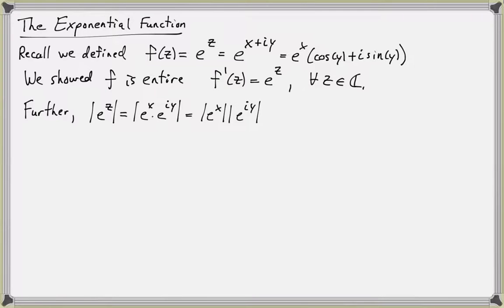But e to the iy is cosine of y plus i sine of y, and by the Pythagorean theorem, the absolute value of e to the iy will equal 1. And since x is a real number, e to the x is always positive, so the absolute value of e to the x will just equal e to the x. So for any complex number z, the absolute value of e to the z will equal e to the x.